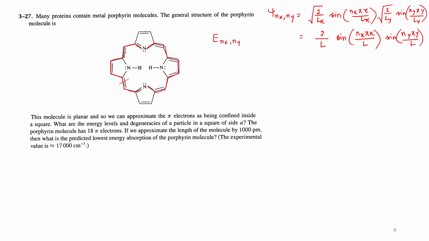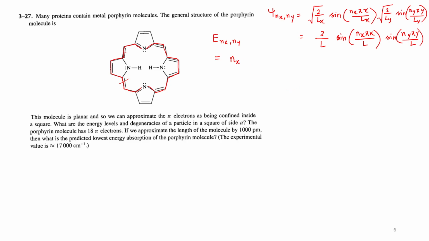So for this problem, it is always better to go back to the wave function and write it. For the wave function, it is always the product of two wave functions, and the energy is always the sum of the two Hamiltonians, so the two energies in each direction.